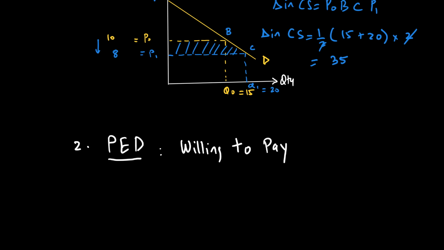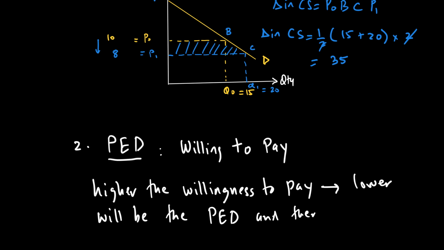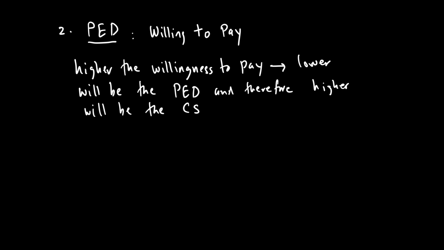If our willingness to pay goes up, so the higher the willingness to pay, let me write this, the lower will be the PED, and therefore the higher will be the consumer surplus.